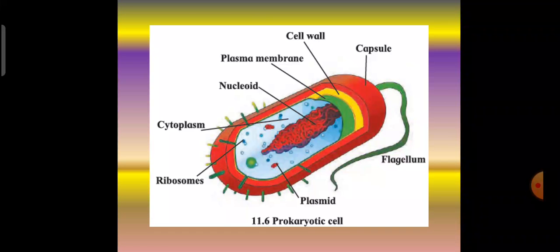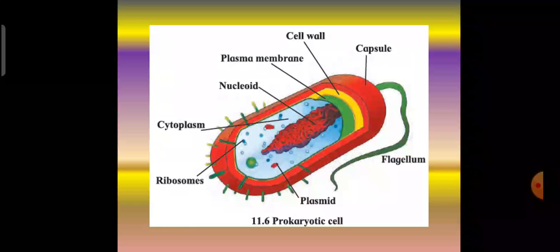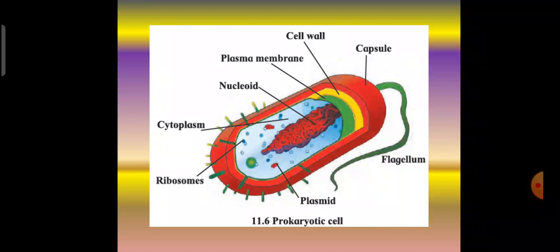A microorganism has plasma membrane, cytoplasm, and nucleoid. And microorganisms can be unicellular and multicellular. Microorganisms having a single cell, for example bacteria and virus, are unicellular microorganisms. And if microorganisms have many cells, they become multicellular microorganisms, for example fungus and algae.